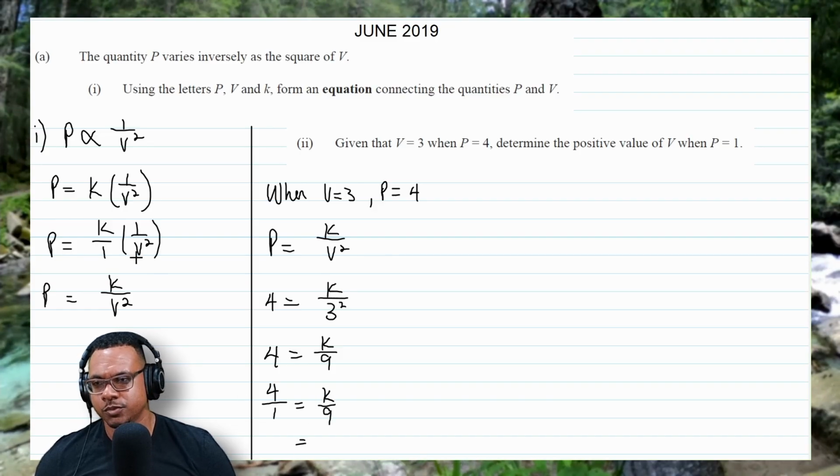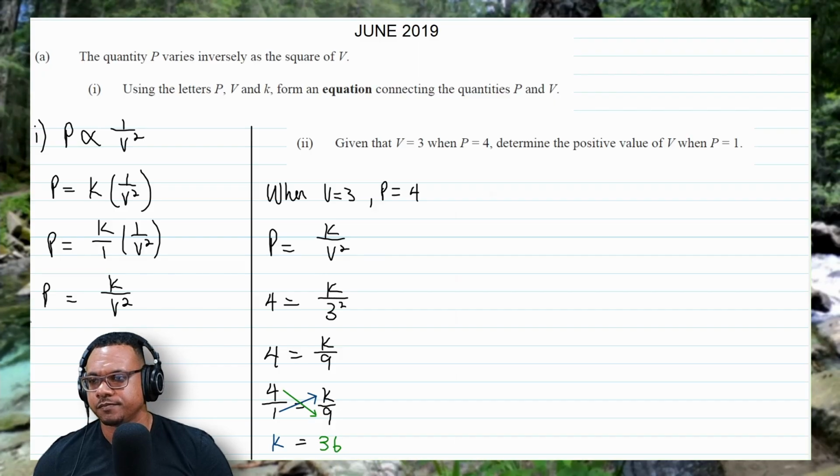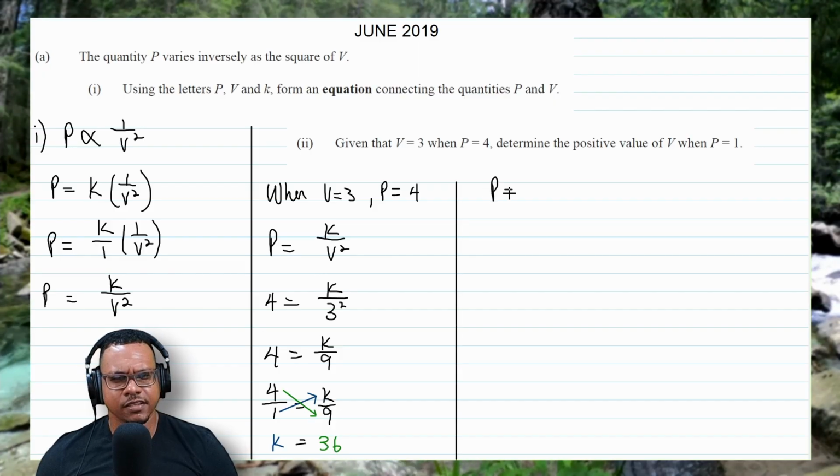So that'll be 1 times k, which gives you k, and 4 times 9 will be 36. So now I know k is equal to 36. So when I have p is equal to k over v squared, I can replace that k now with 36. So I have 36 over v squared.